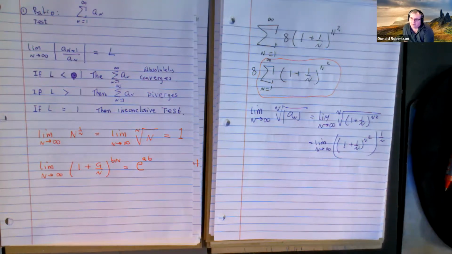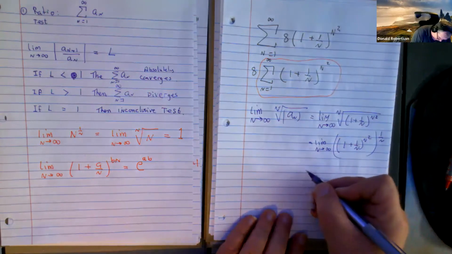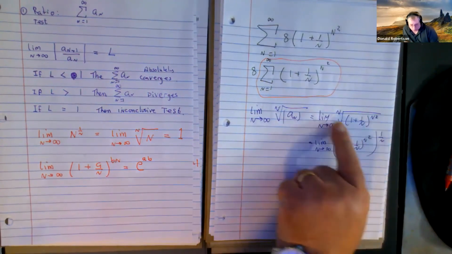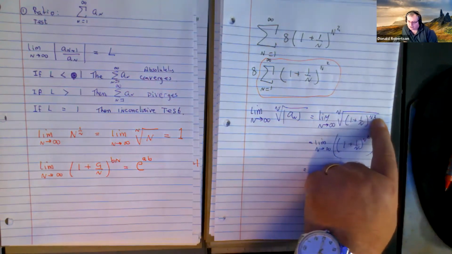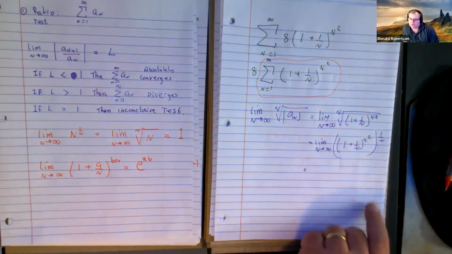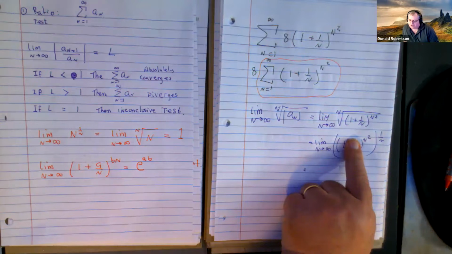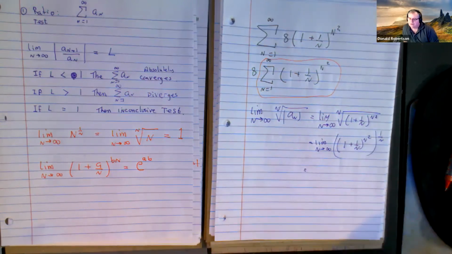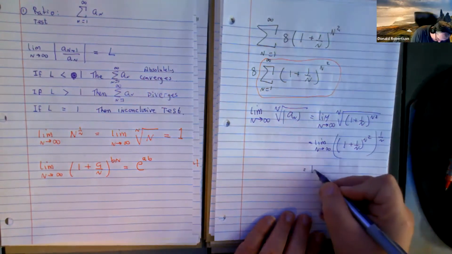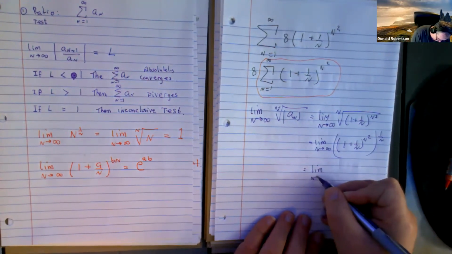It depends on how your brain works, whether one way looks a little bit easier to understand than the other. Okay, what would the nth root of something raised to the power of n squared be? What would it be if you took a fraction to the power of n squared and then raised it to the power of 1 over n? What would be the final simplified version of that calculation?